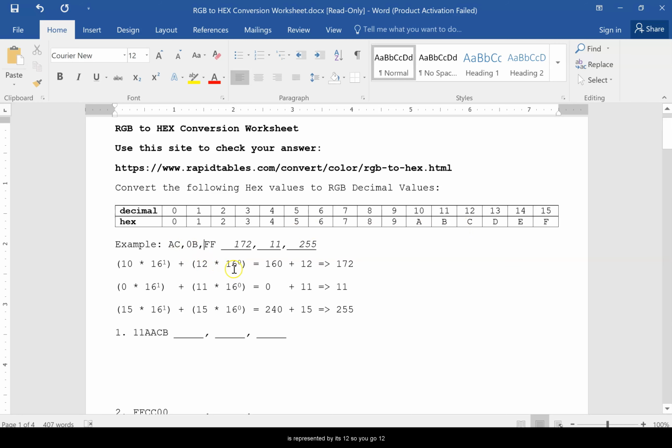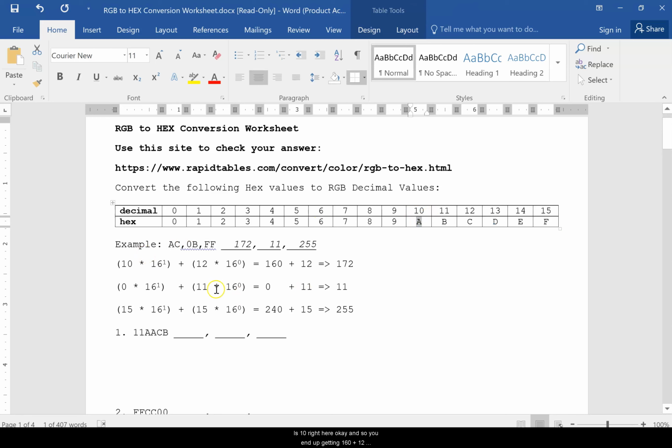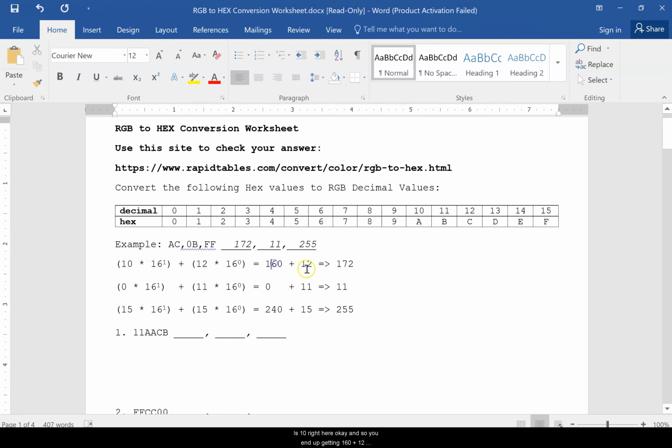So you go 12 times 16 to the 0 power, and then you add in 16 to the first times 10, because A is 10 right here. And so you end up getting 160 plus 12 is 172, so that would go right here.